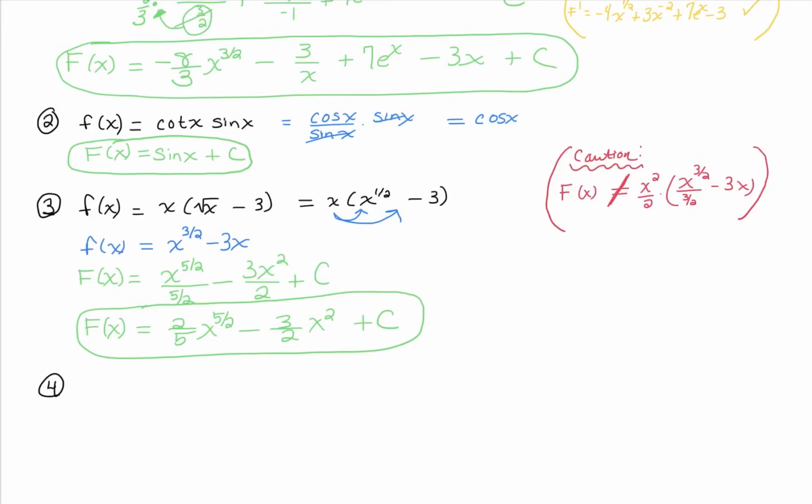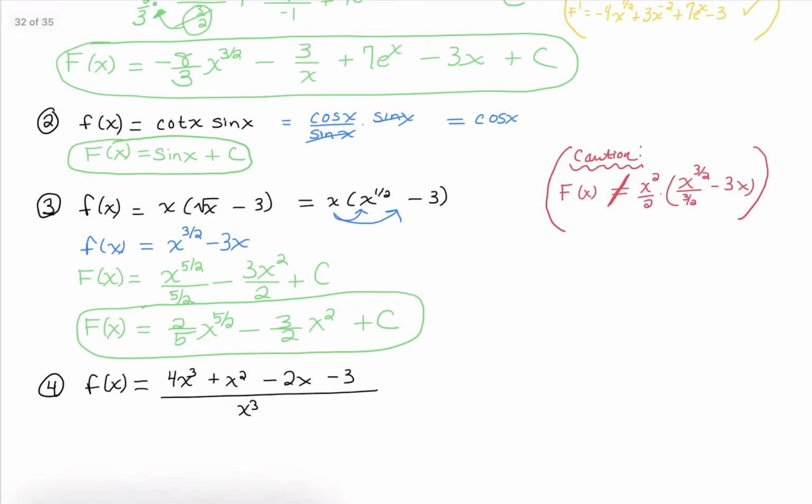All right, so what if we had something like this? F of x is equal to, and suppose we had 4x to the third plus x squared minus 2x minus 3 all divided by x cubed.